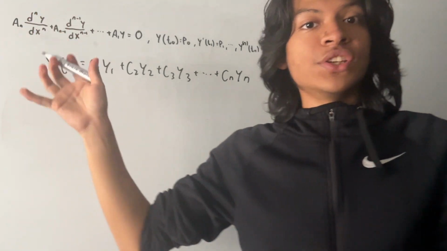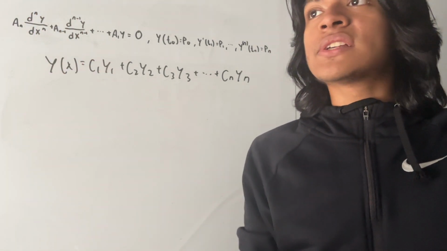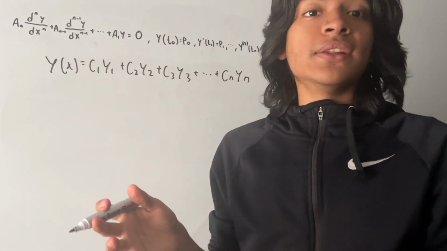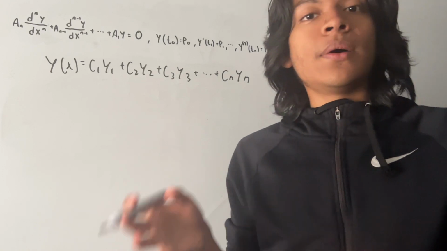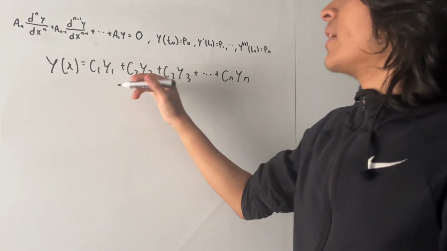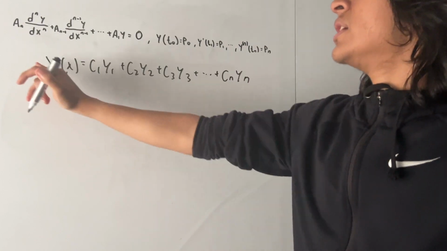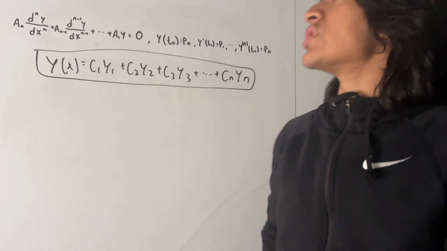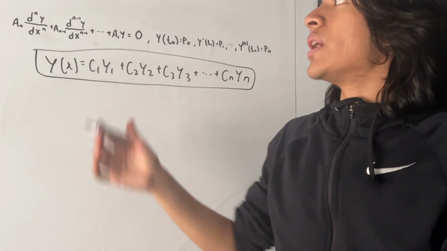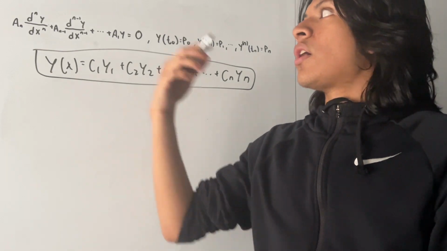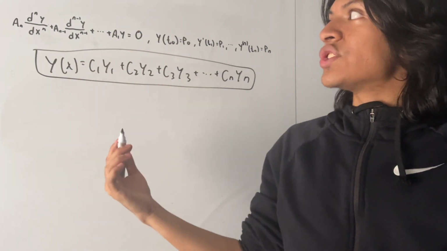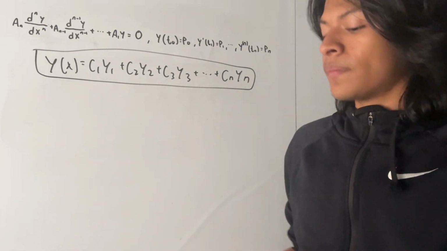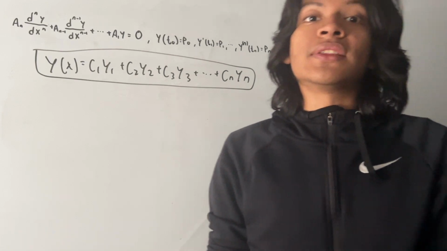When you do the same procedure that we did, so we assumed e to the rx was a solution, you're going to solve for n roots, and thus you're going to have n solutions, and this would be the general solution for this differential equation. So if you were ever given a more complex equation of higher order, say 4, 5, 6, this right here is going to be the general solution for that differential equation.